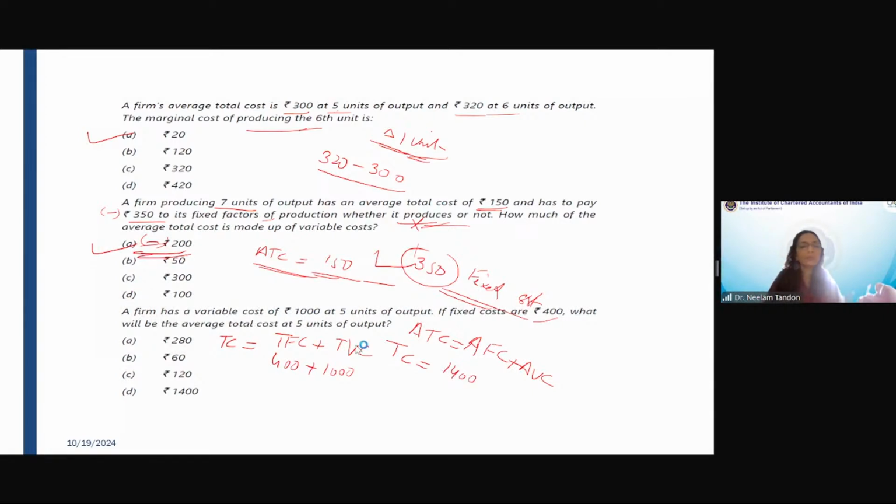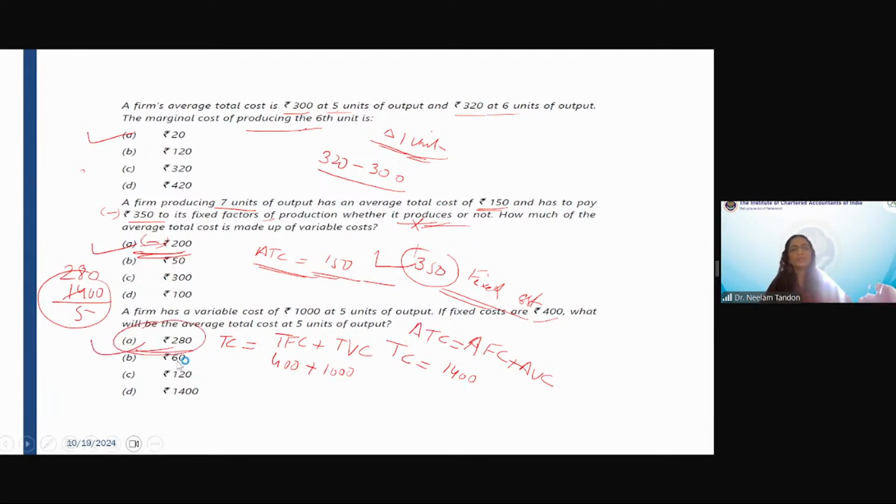And the average total cost will be how much? 1400 divided by 5. So that means this will be how much? 5 2s are 10 and 5 8s are 40. 280.